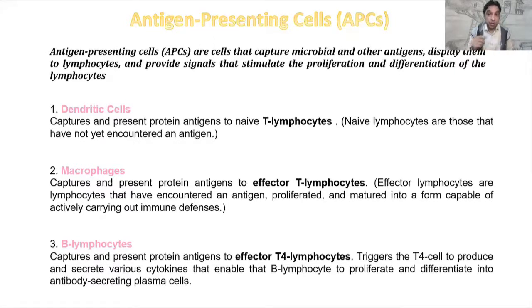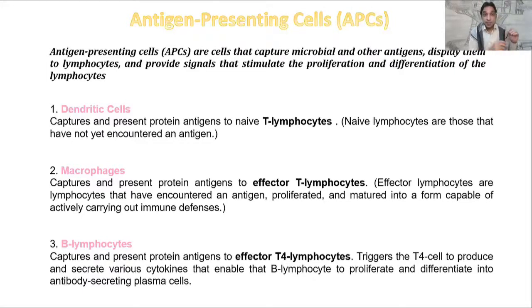As you can recall from our earlier lectures, the T cell which has never come across an antigen during its lifetime is called the naive T cell, जो अभी कभी किसी antigen से नहीं मिला.